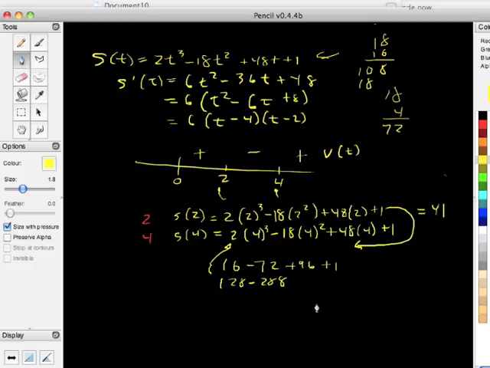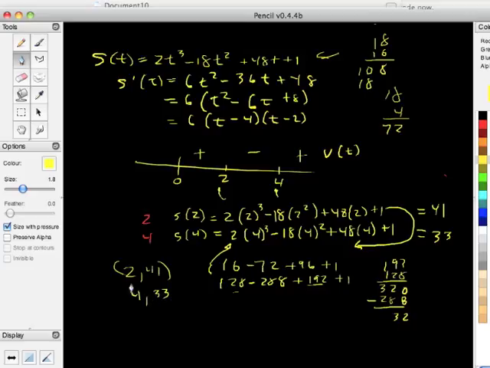And then we have 48 times 4, that's 192, plus 1. I'm going to take this one and add them together. 128 plus 192 is 320, minus 288. We have to make sure we add 1 back. That's 32 plus 1, that's 33. So this equals 33. So there are points (2, 41) and (4, 33).